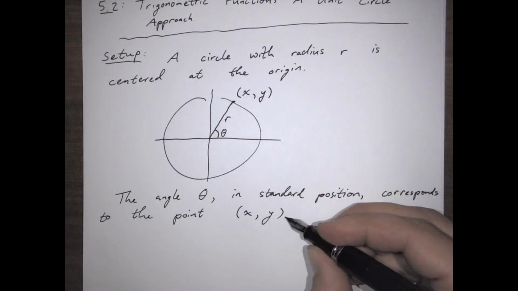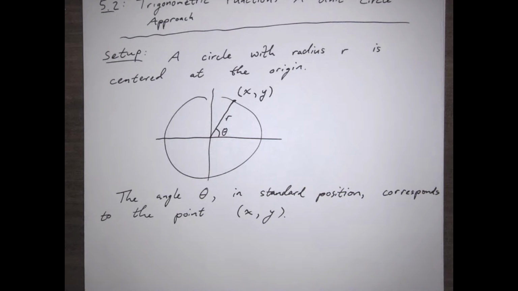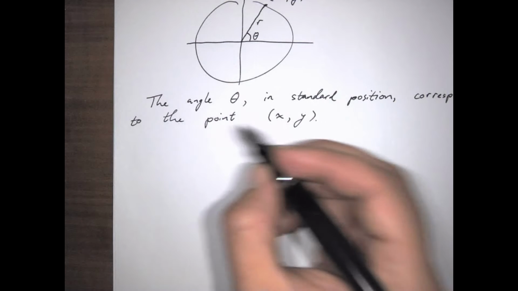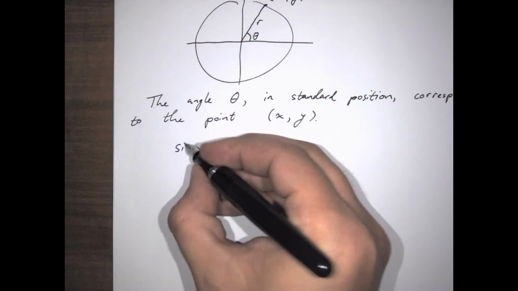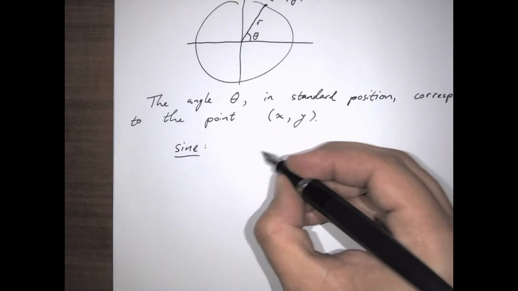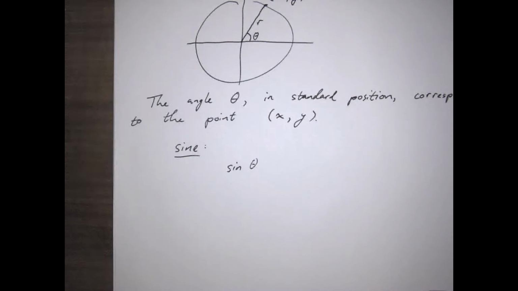Okay, now with this setup, we can start to delve into the trigonometric functions. So first off, the sine and the cosine. The way we write it is sin and then whatever the input is. This is a function, and so it takes an input. Usually with functions, you write them like f of x. Here we do the same thing.